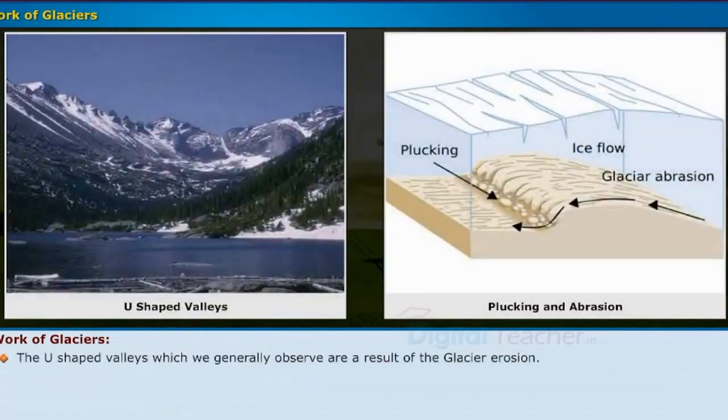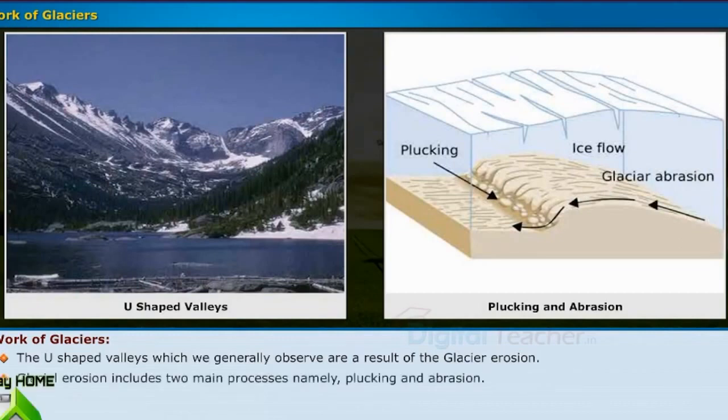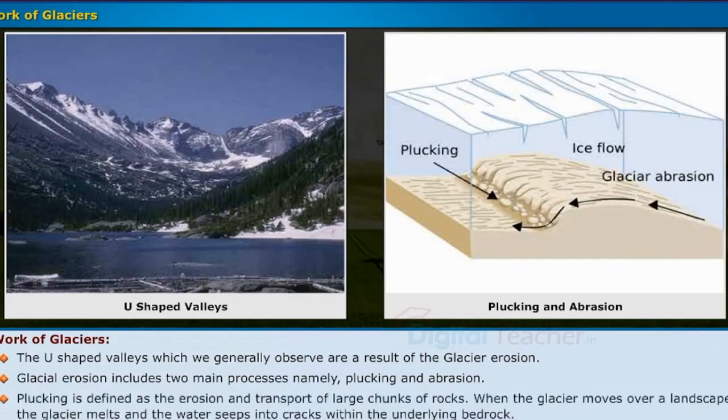The U-shaped valleys which we generally observe are a result of glacier erosion. Glacial erosion includes two main processes, namely plucking and abrasion. Plucking is defined as the erosion and transport of large chunks of rocks.